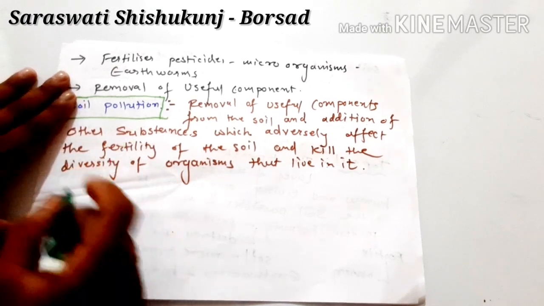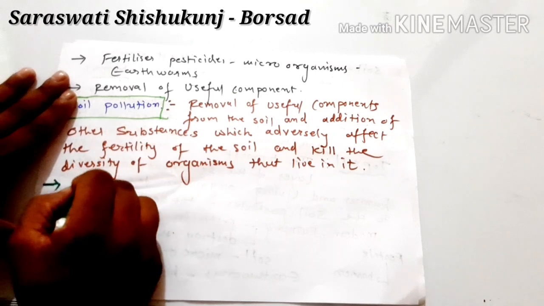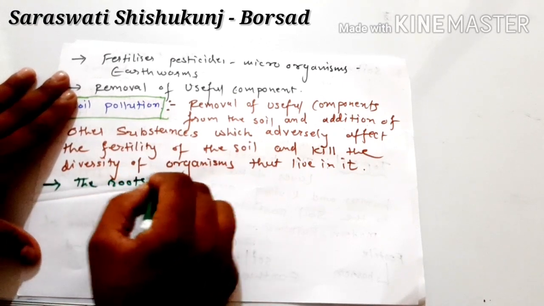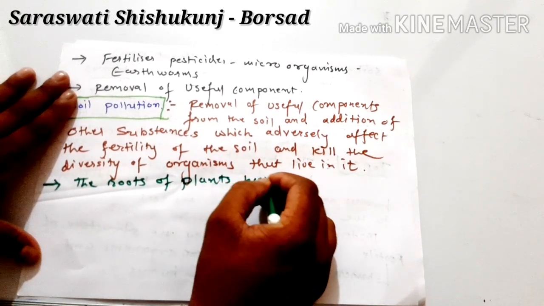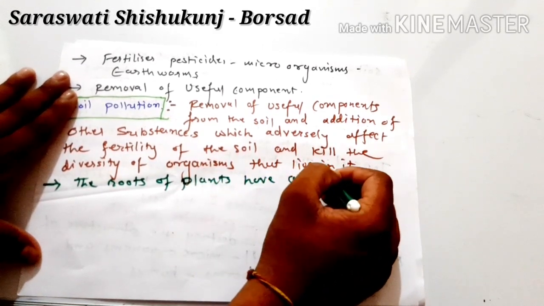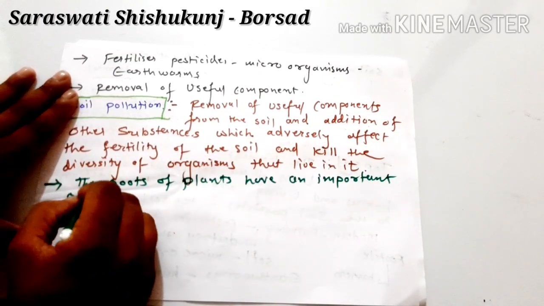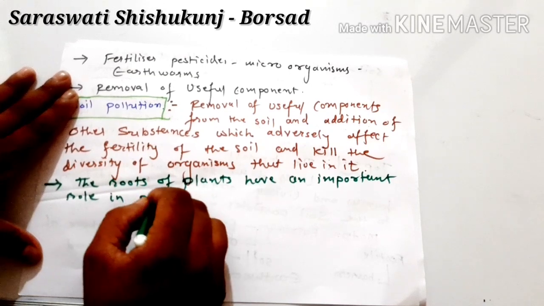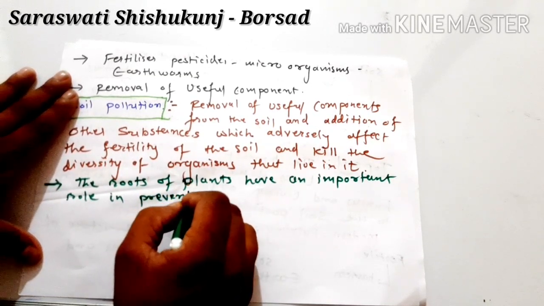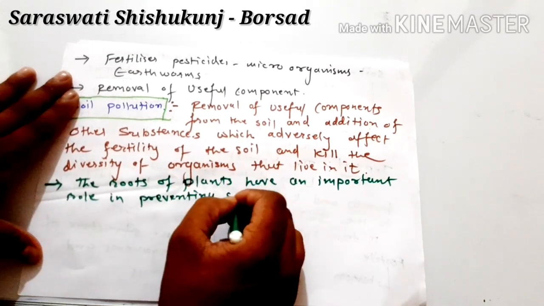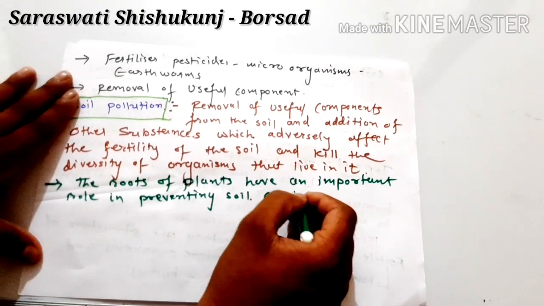Some important points: the roots of plants have an important role in preventing soil erosion.